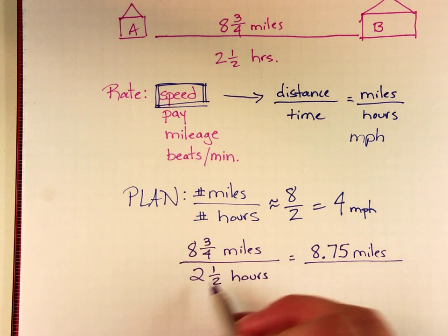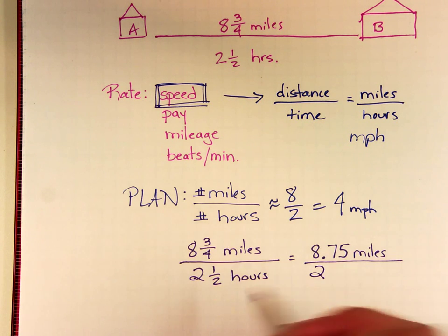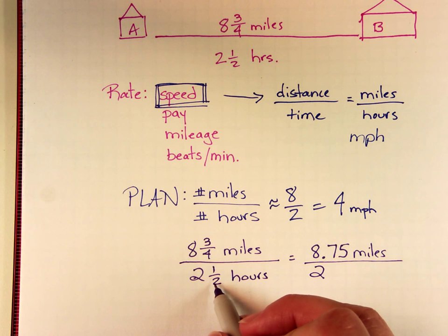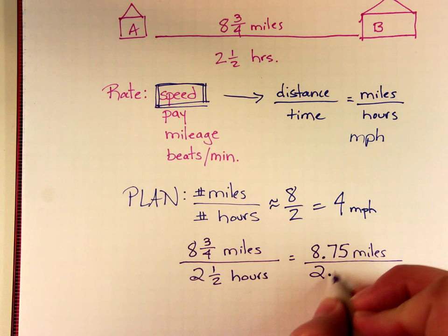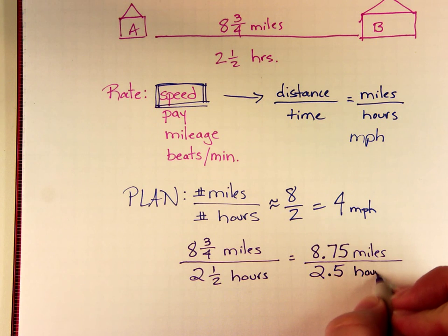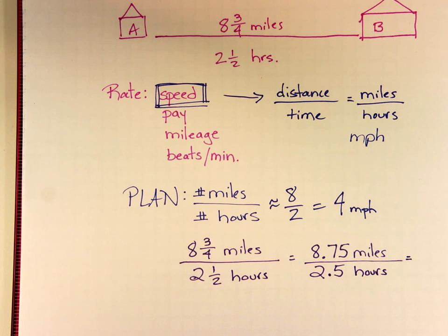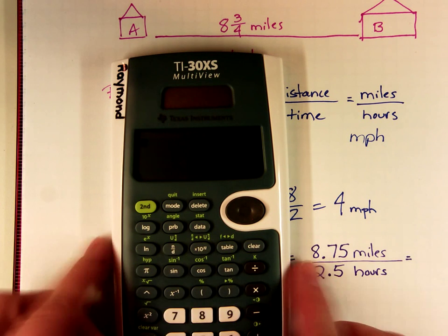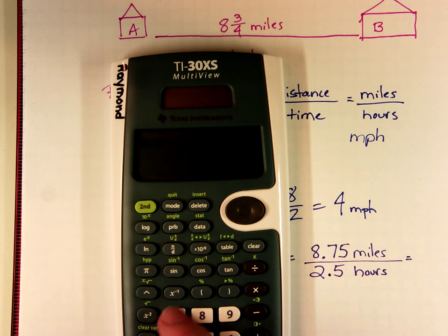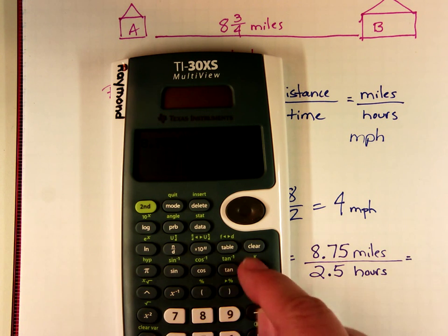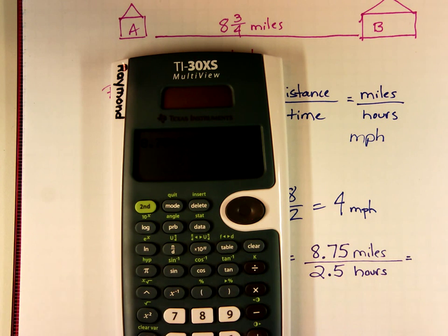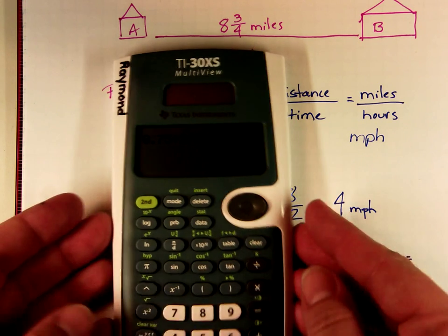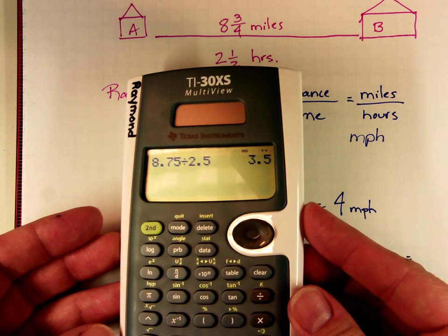divided by 2 1/2. What is the decimal equivalent of a half? Hopefully you've got that one memorized. That is 0.5. Well, we're almost done, and that was fast. Now you take your calculator and you push 8.75 divided by 2.5 equals, or enter, 3.5.